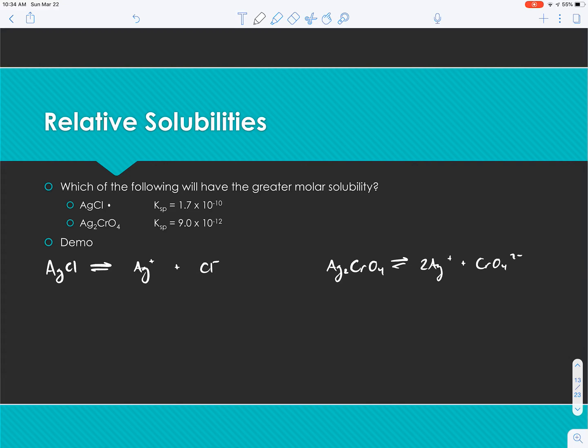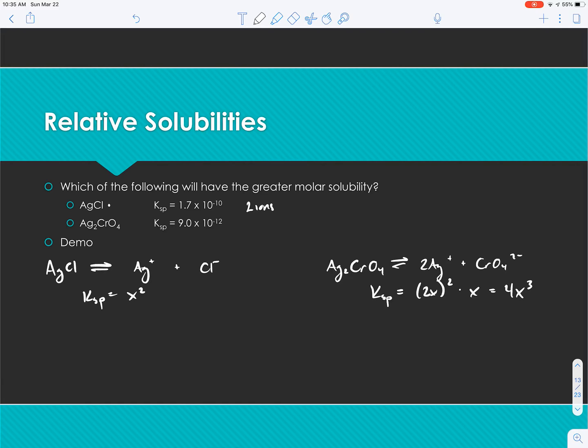The reason we can't compare KSP in this case is because KSP is related to X by mathematically different expressions. Because AgCl breaks into two ions, its expression will be KSP equals X squared. Conversely, because Ag2CrO4 breaks into three ions, it will be 2X squared times X, which is 4X cubed.